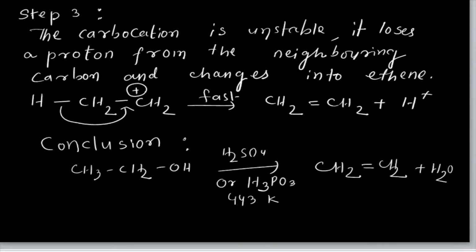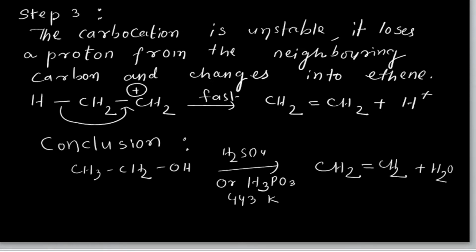It loses a water molecule. That is where the carbocation is produced, and this carbocation is also unstable. Again, what happened? If it is unstable, then it immediately loses an H+ ion.